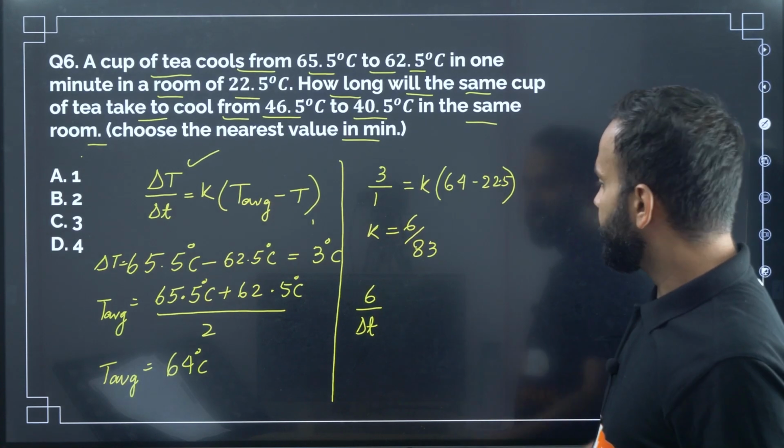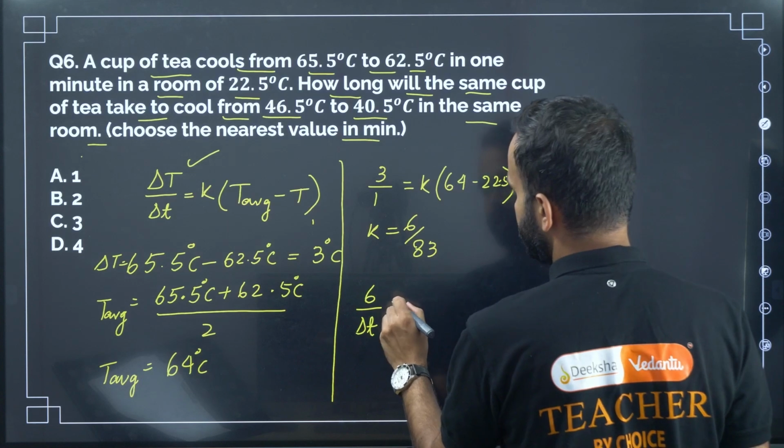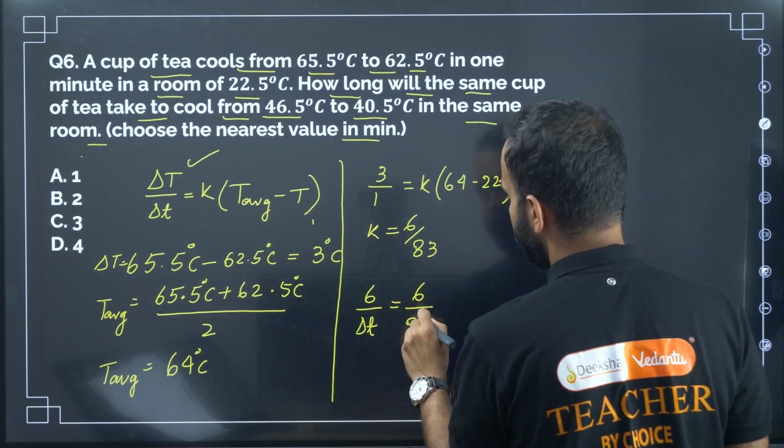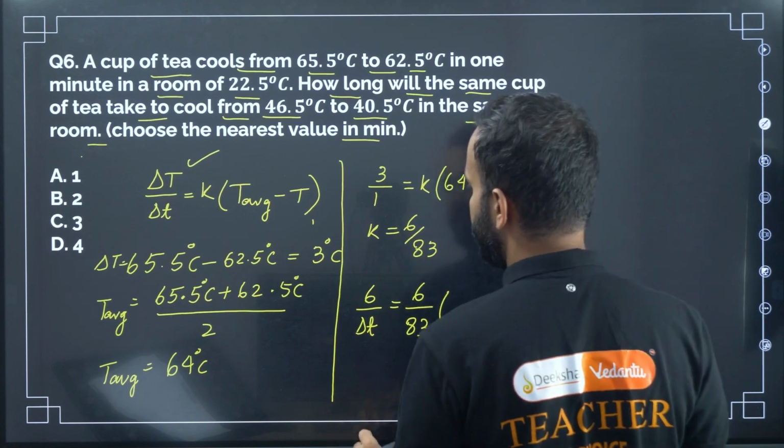So now we need to find delta T. So 6 divided by delta T is equal to K, which is 6 divided by 83, into T average. So we need to find T average.